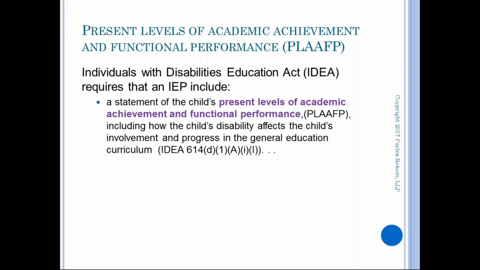So it will have baseline data about your child. It'll indicate what areas of needs have been identified, your child's learning deficits, your child's strengths, because we want to know everything. We want to know the deficits, but we also want to know the strengths. All of this information in this section is going to assist the team, and you being part of that team, in writing goals.